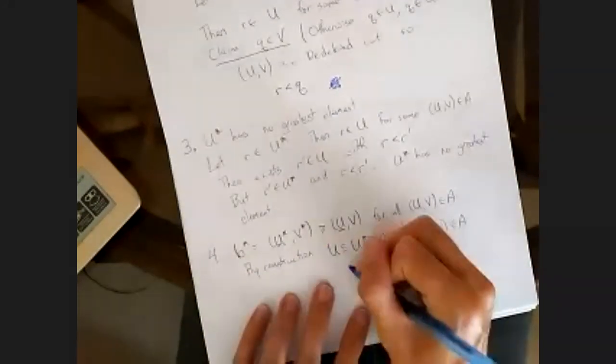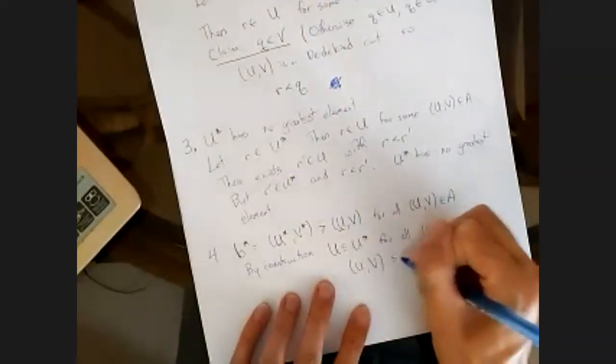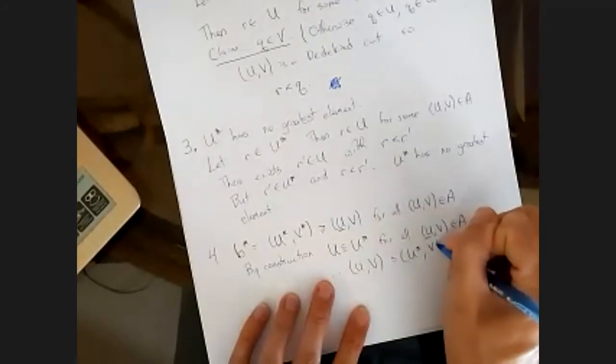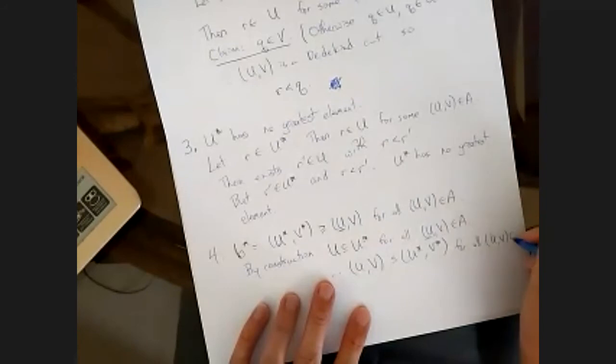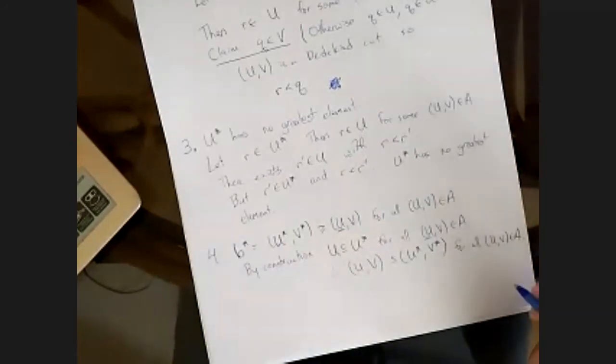And therefore, UV is less than or equal to U star V star for all UV in A. So by construction, V star is an upper bound for A.